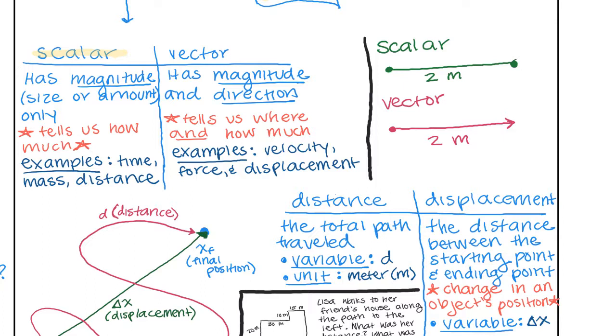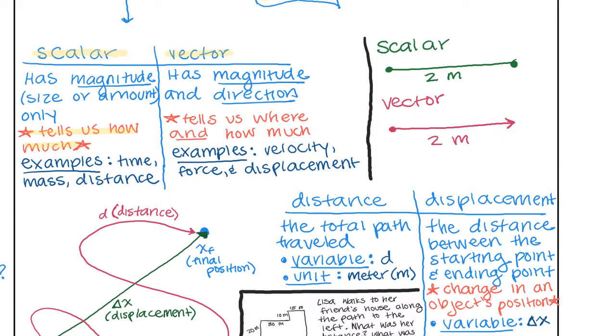It tells us the amount of time we have, or how big an object is, how big its mass is. It can tell us the distance, how far an object has traveled. These are all examples of scalar quantities.